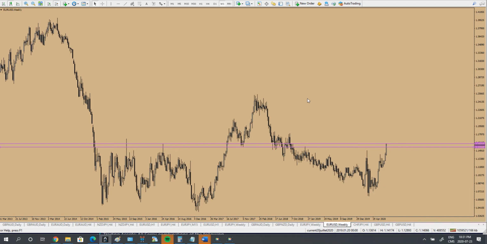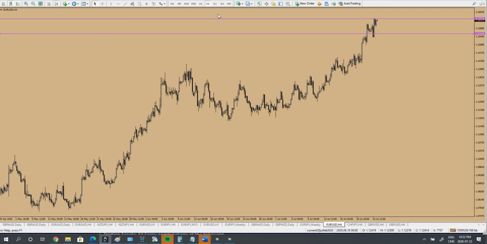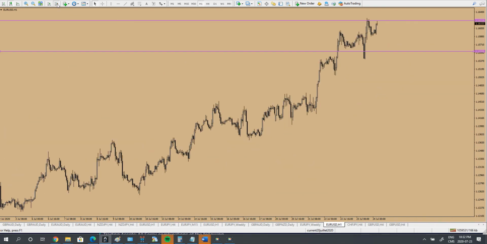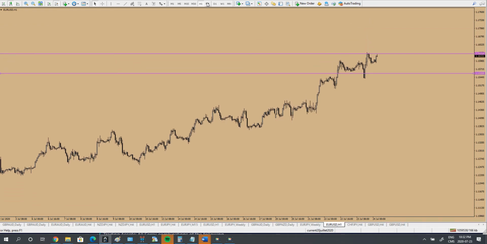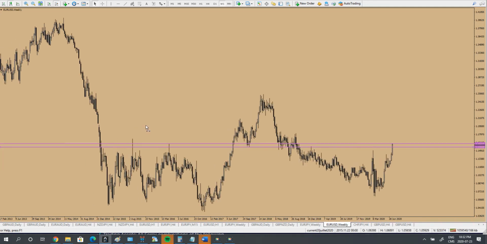So this would be a shorter trade, because I see here a daily divergence. No, H1 divergence, right?